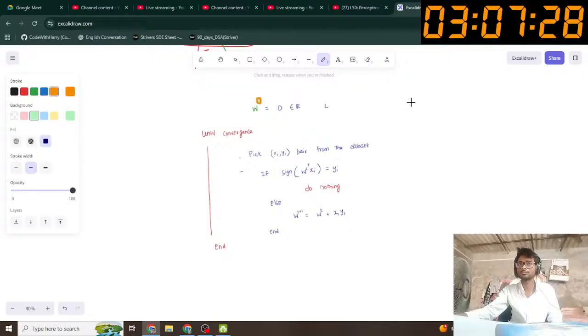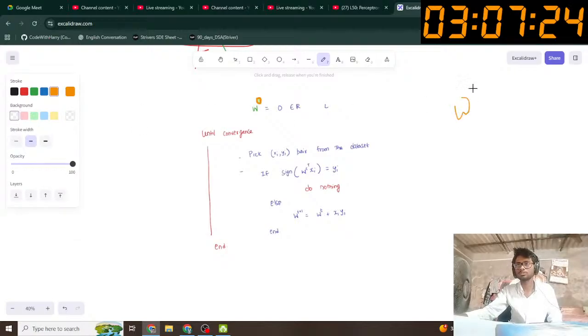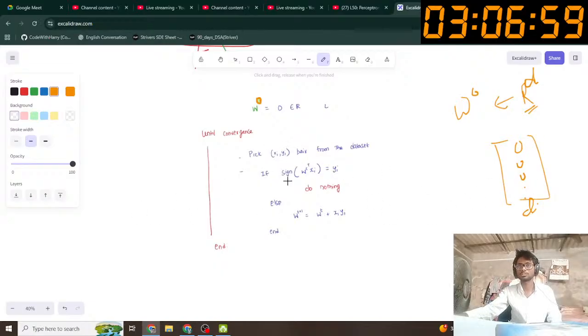We are going to initialize it with w0, and w0 will have the same shape as x, which is in Rd. This will be a vector of 0, 0, 0, dot dot dot, d number of terms. I think you got the point.